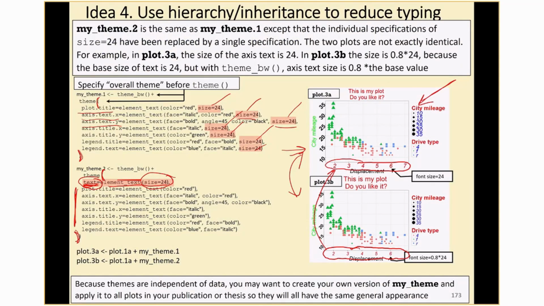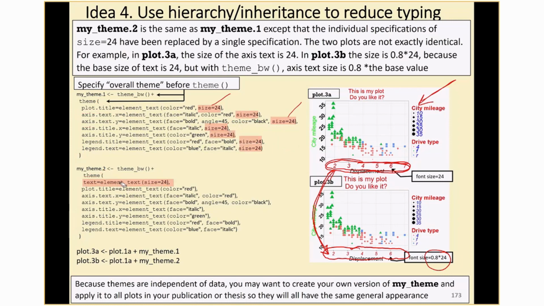And that's exactly what's happening here, is that this font size of 24 is inherited, but then it's multiplied by 0.8, and that's why it has a slightly smaller font size.